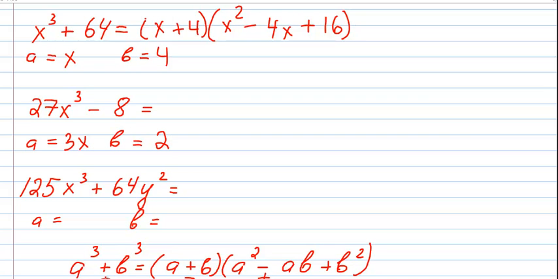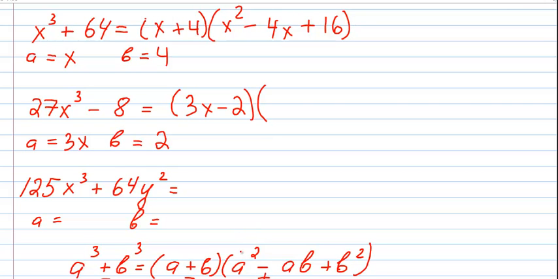And now we will observe our sign. Since we have minus here, in our formula we have minus and plus here. So the first parenthesis, a minus b, 3x minus 2.